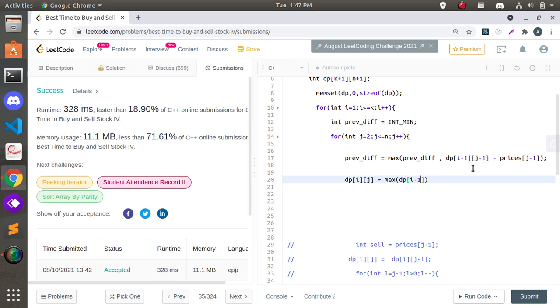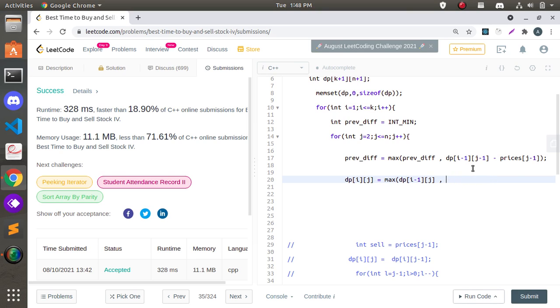dp of I minus 1 j, right? I think you will understand that. Okay, yeah. Or you can take the previous transaction up to the j, behind the j we can use that j minus 1.